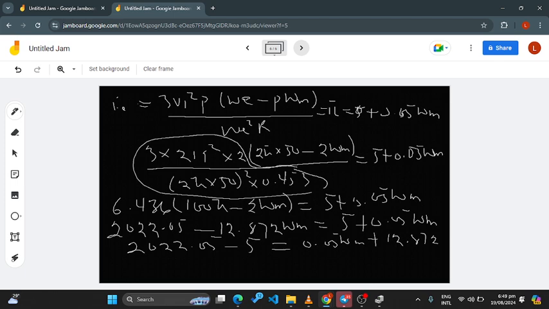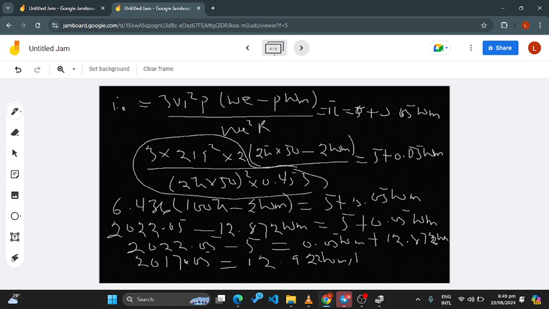These two, this minus this will give us 2017.05. On the other side, 12.87 plus 0.05 gives 12.92. So 2017.05 equals 12.92 omega m.